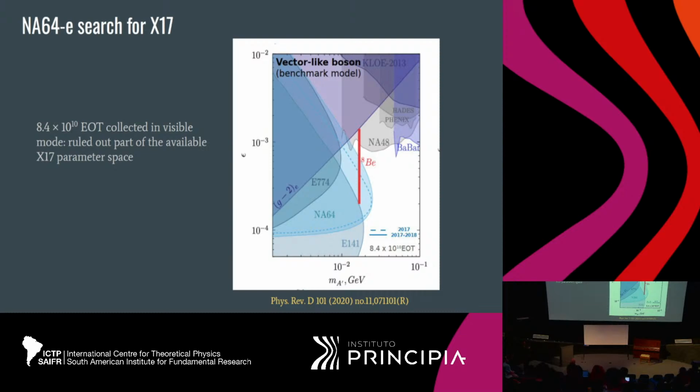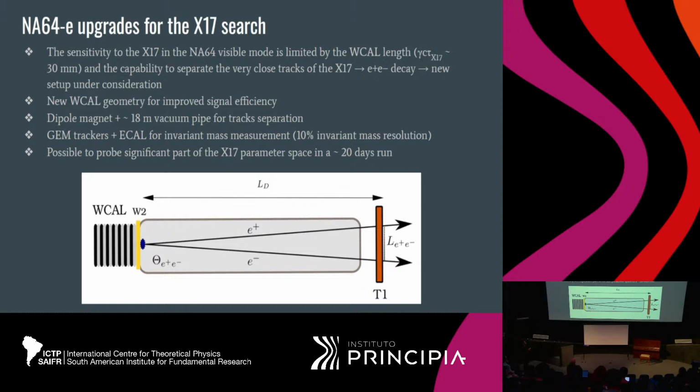To achieve some sensitivity here, you don't need much more statistics, but first of all you need to redesign your apparatus a bit. The idea in particular is to build a more compact tungsten calorimeter so that you produce your dark photon, X17, here, and it has enough lifetime to travel this space and decay.